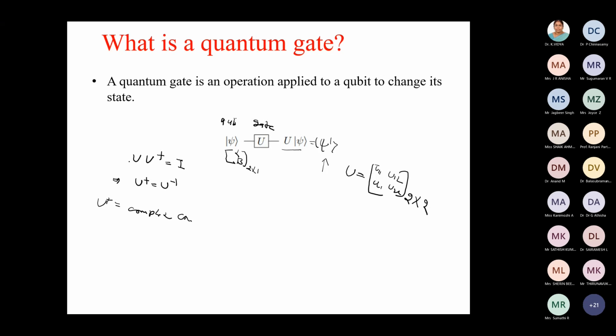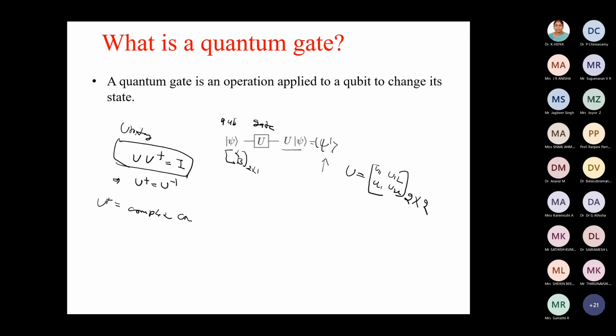This is the unitary condition on matrices, and unitary matrices are reversible. So U is the matrix corresponding to a quantum gate, and to make it reversible it should have this property, that U dagger U is identity.